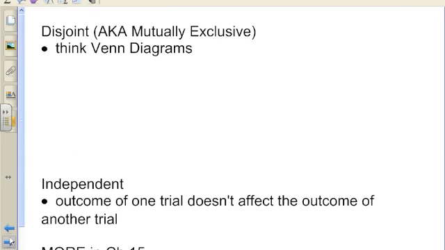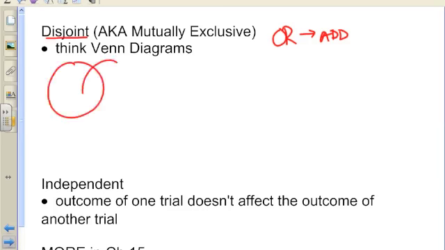So let me define a couple important words. Or means add only if the events are what we call mutually exclusive, or disjoint. Now, to help you understand what disjoint means, I want you to think about Venn diagrams. When things overlap, we consider this not disjoint if my 2 events overlap.